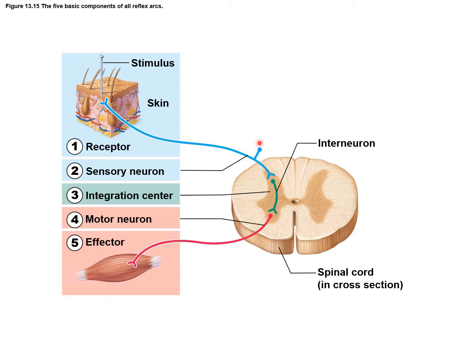This cell body would be located in a dorsal root ganglion. Now we have the integration center. In this case, we have an interneuron here. And then it's going to synapse with the motor neuron. And that motor neuron is going to send that impulse to the effector, which happens to be the muscle.